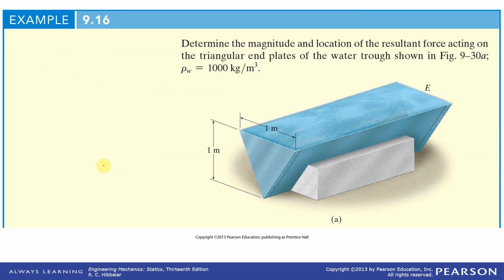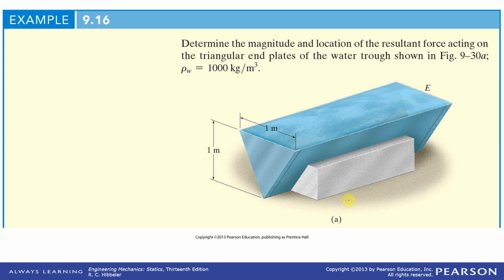Now, this is a varying area, and so this is the situation where the area, the dA, the width is going to be changing. The force, the pressure is rho g z.